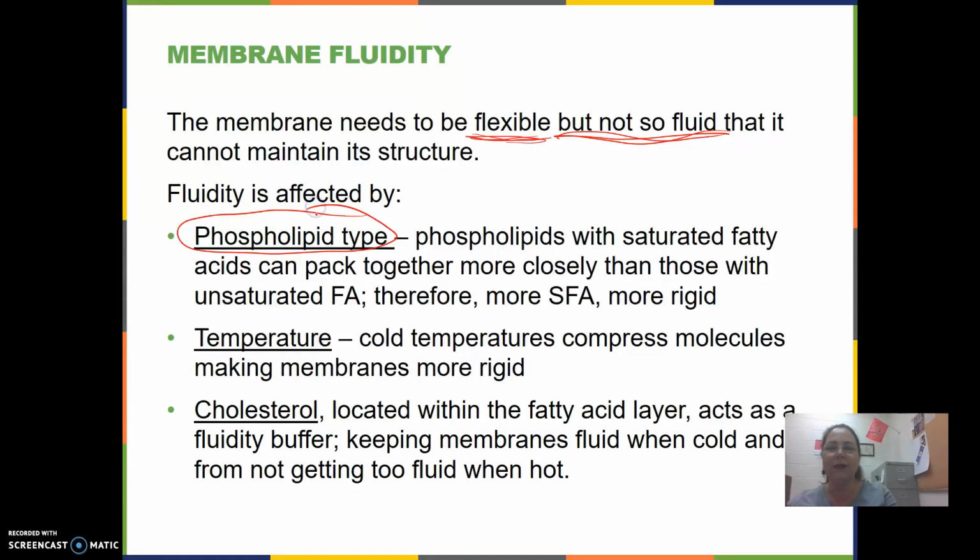In other words, whether or not they contain more saturated fatty acid tails or more unsaturated fatty acid tails. The more saturated fatty acid tails, the more rigid the plasma membrane is. Because remember, saturated fatty acids come from animal sources and they tend to be solid at room temperature.